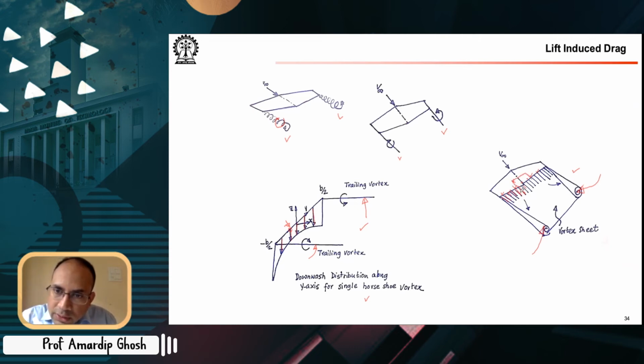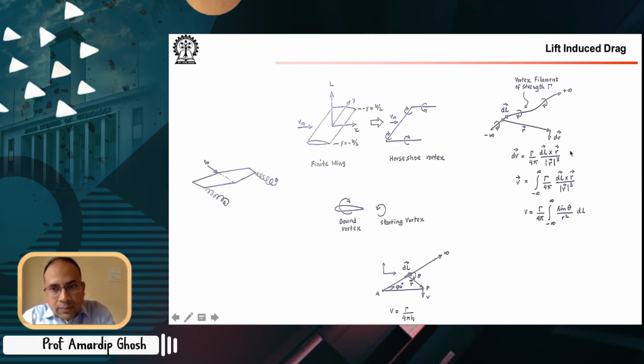This one is a horseshoe vortex like this. And then you have many horseshoe vortices, and then you can figure out the induced velocity as the sum total of the downwash velocity due to each individual vortex.